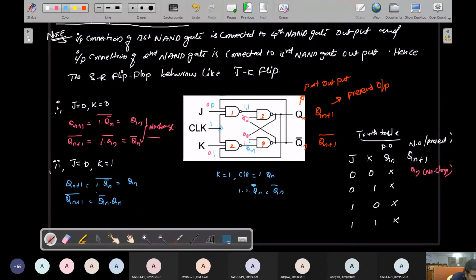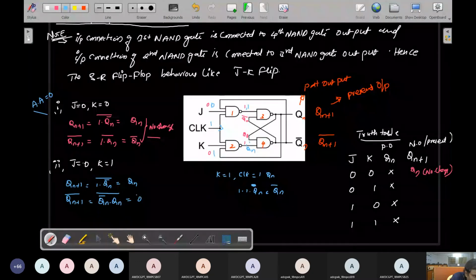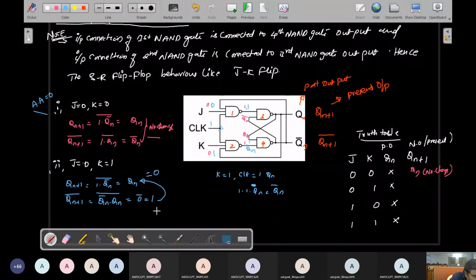So Qn bar whole bar, you will get Qn, and Qn dot Qn bar in Boolean expression is simply 0. So according to this equation, this value is 0 bar and you will get 1. With the reference of the complementary port, the complementary port you will get 1 and the normal port you will get 0.